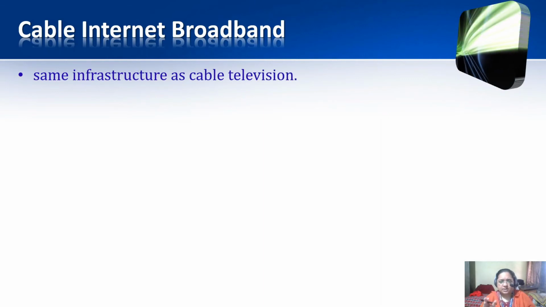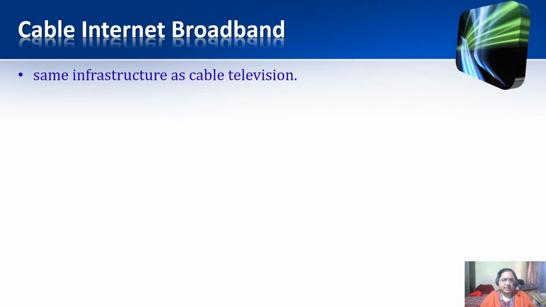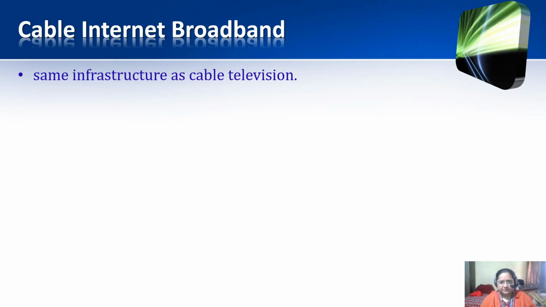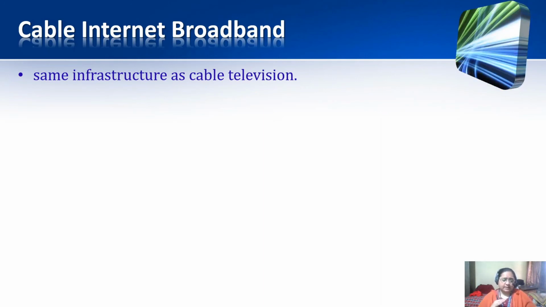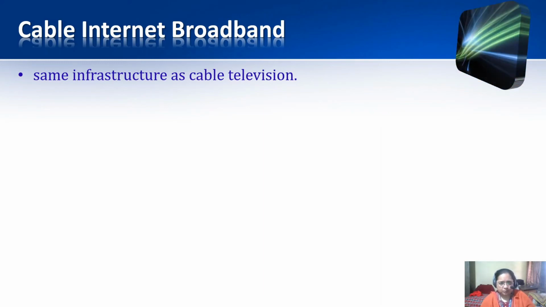Same infrastructure as cable television. We already know that we have our TV which is connected to a set-top box and which is in fact connected to our dish antenna. But this is the new technology which we have shifted to within a span of 4 to 5 years.